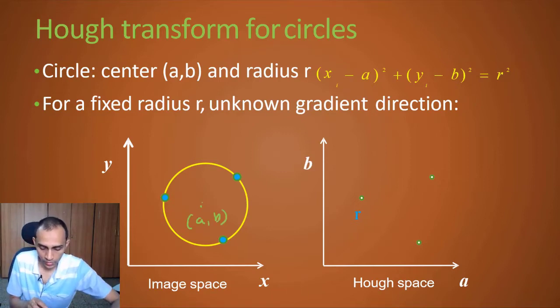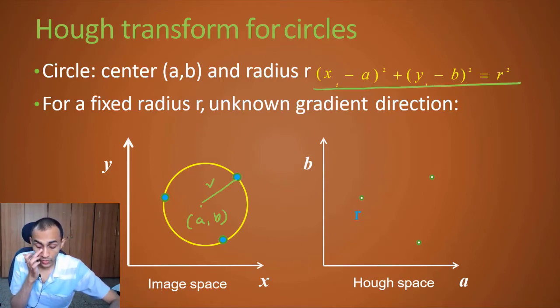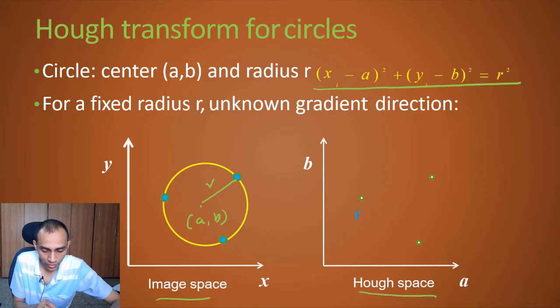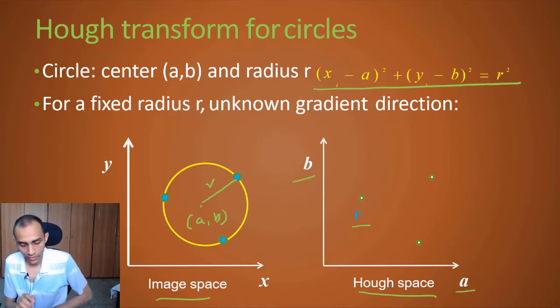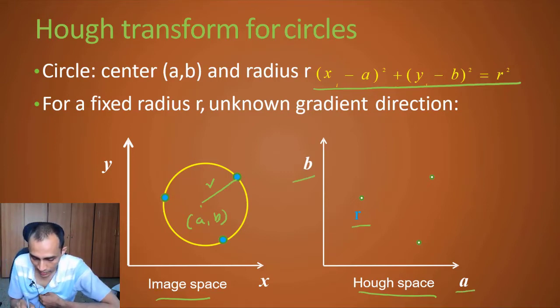So now again we'll have some kind of correspondence between image space and the parameter space. Assume there are three parameters: the center x coordinate, center y coordinate, and the radius r. But for now, let us assume the radius is known. Let us say we have a fixed radius right now. Then we have only two parameters, a and b, left.